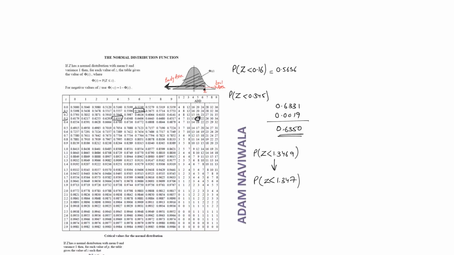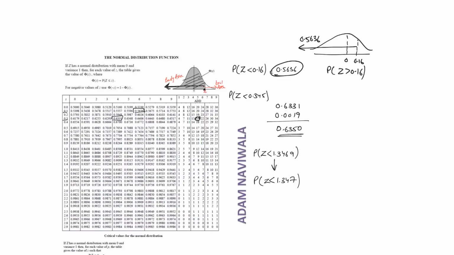Okay, now let's say the question is to find the probability of z greater than 0.16. So we know that the mean is 0, and 0.16 would lie over here. First of all, if you want to use the table, it will give us the body area, which is this, and we find that the probability is 0.5636.